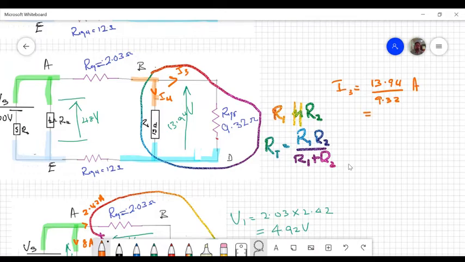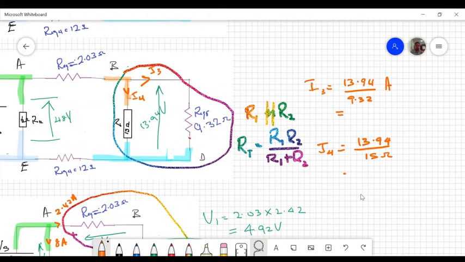I can also say that I4 is equals to 13.94 divided by, what's that, 15 ohms. Putting these things in my calculators, I get 13.94 divided by 9.32 equals 1.49, really 1.5.